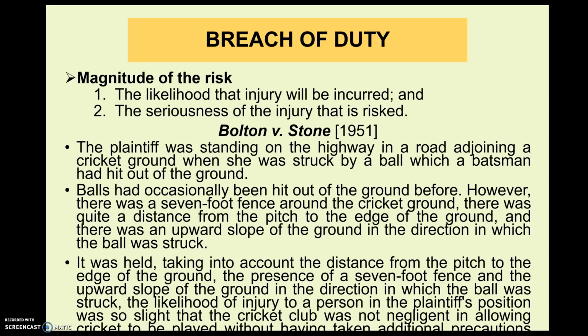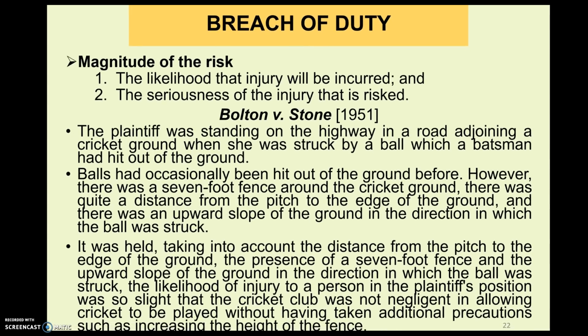Now, the court held that taking into account the distance from the pitch to the edge of the ground, the presence of the 7-foot fence, and the upward slope of the ground in the direction in which the ball was struck, the likelihood of injury to a person in the plaintiff's position was so slight, meaning there's a slim chance of somebody getting hurt with the way it was positioned, right?